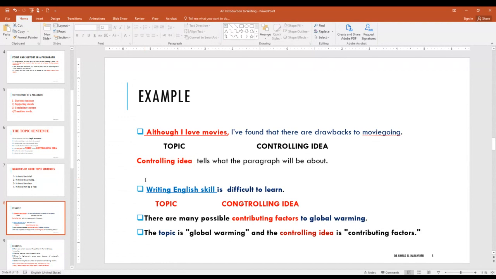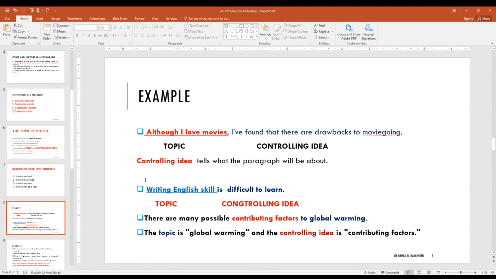The topic: although I love movies, this is the topic. And the controlling idea, the idea that the paragraph will discuss. I have found that there are drawbacks to movie going. So the drawbacks here, this is the main idea, the controlling idea that my paragraph will discuss.